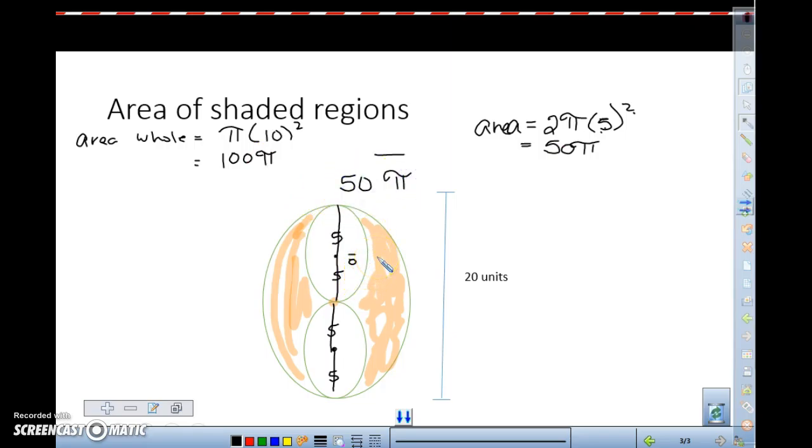Now we can multiply it out. 50 times pi. 157. We'll round to the nearest tenths place. So 1 decimal place.